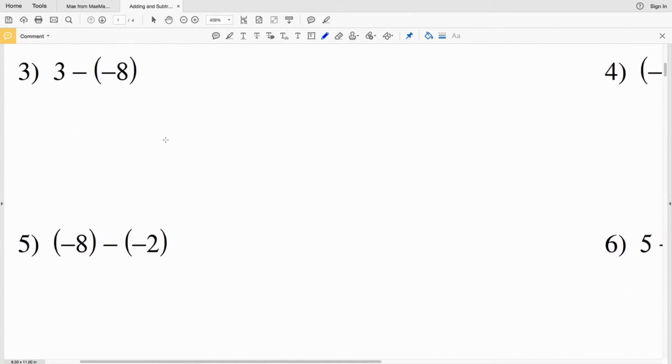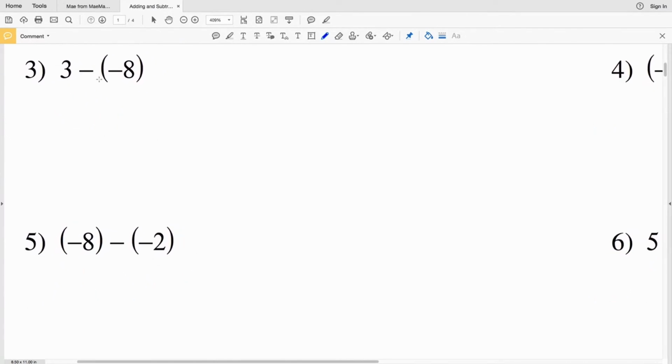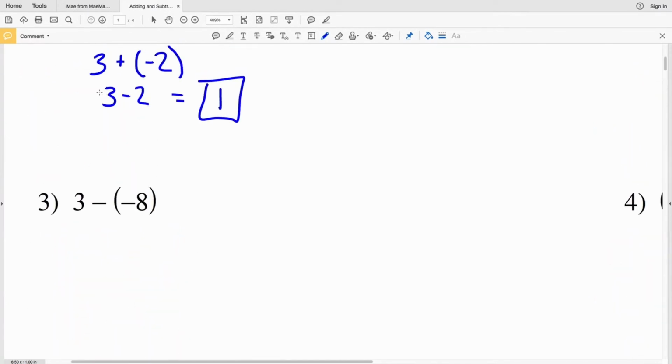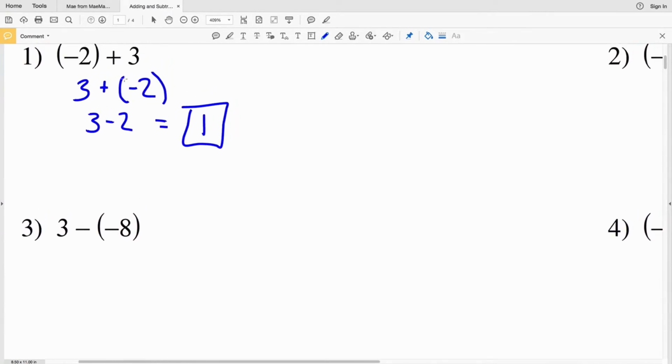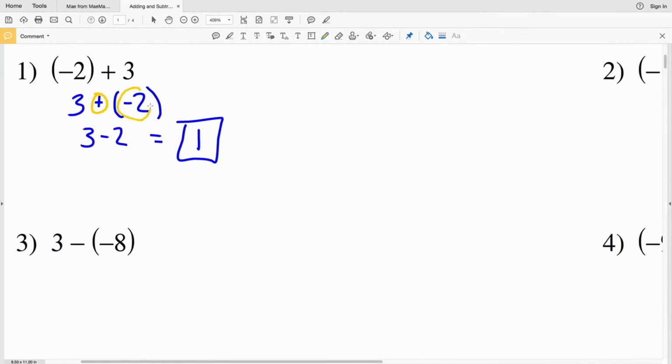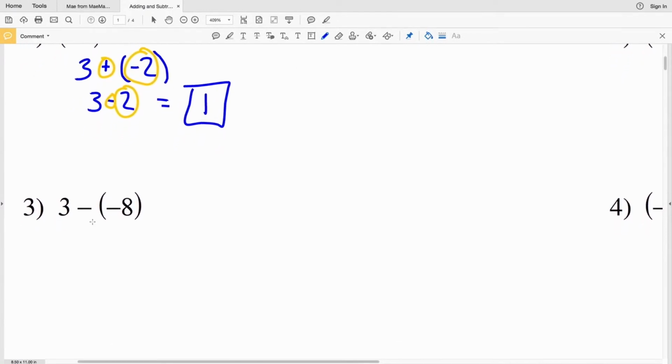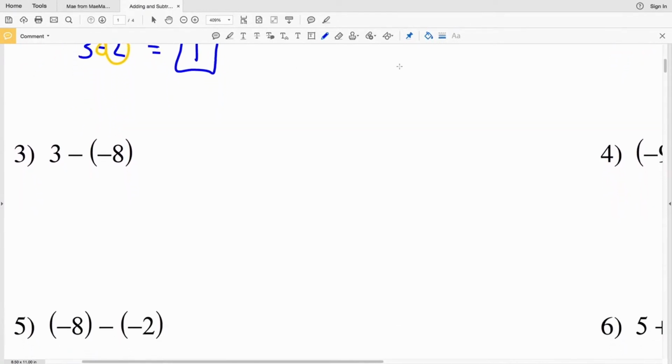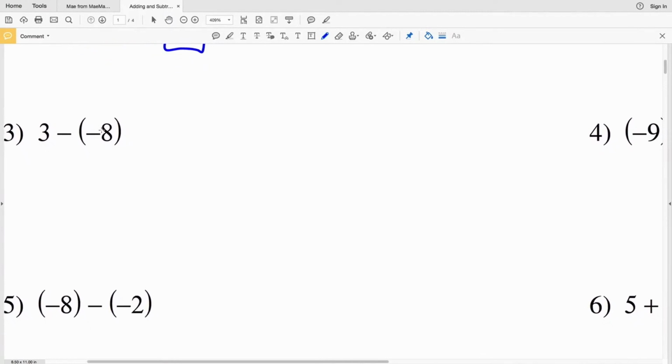Number 3 is our first problem using subtraction. Now, just as in number 1, when you're adding a negative number, you're really subtracting a positive number. So that could say minus positive 2. So in number 3, when you subtract a negative, you're really adding a positive.